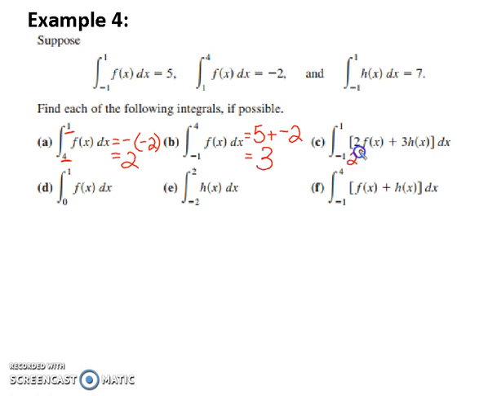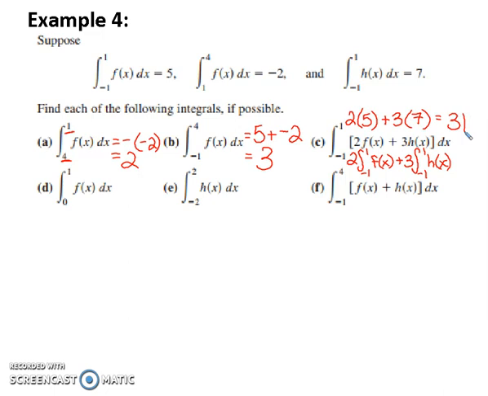So this would be like 2 times the integral from -1 to 1 for f of x plus 3 times the integral from -1 to 1 for h of x. And I know I left my dx's off, but I don't have a ton of room there, so I was trying to scrunch it in. So -1 to 1 for f of x is 5, and -1 to 1 for h of x is 7. So then it's just a matter of doing the math, and your final answer would be 31.